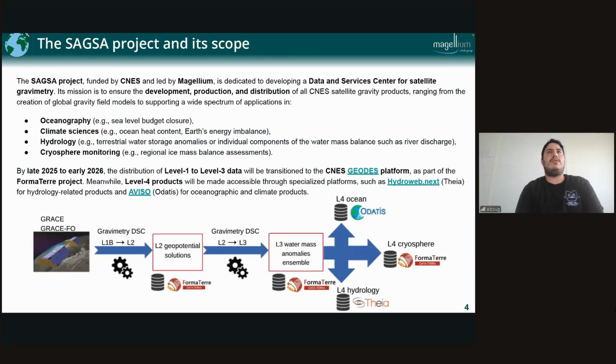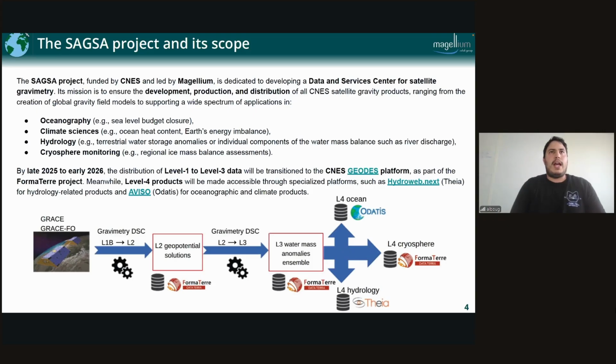slide, I will now present the main scope of the SAXA project, which aims to provide a data and service center for gravimetry for CNES, led by Magellium, and to ensure the production and distribution of all gravity products. That includes level 2 solutions and level 3 ensembles, as well as level 4 application products in oceanography, climate sciences, hydrology, and cryosphere monitoring.